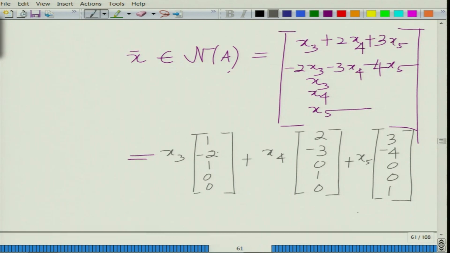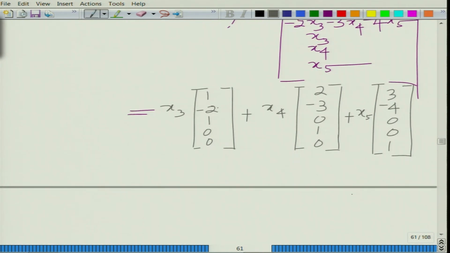So it is a linear combination. Any element of the null space is a linear combination of these 3 vectors. Here x3, x4, x5 are the free variables, and any vector belonging to the null space can be expressed as x3 times the first vector plus x4 times the second vector plus x5 times the third vector. So these vectors form a basis for the null space of A.